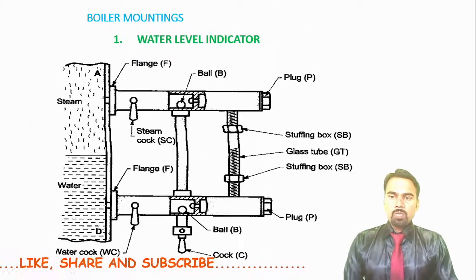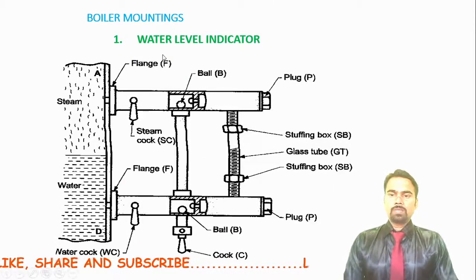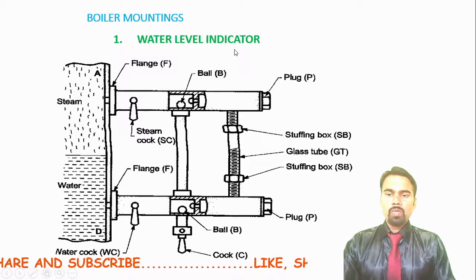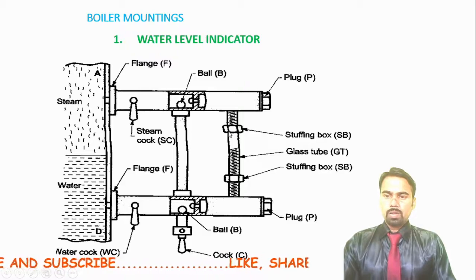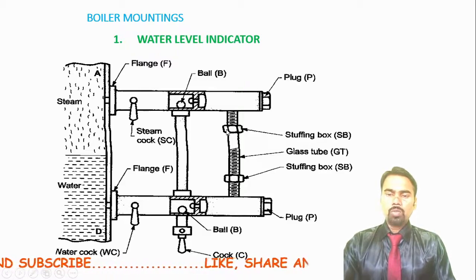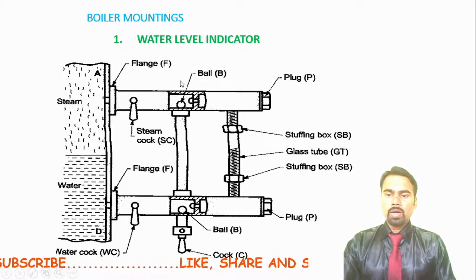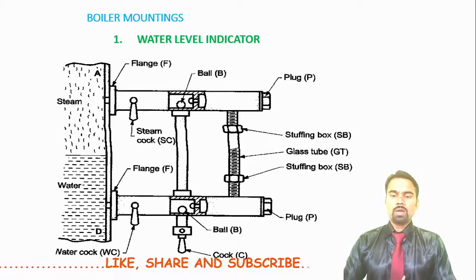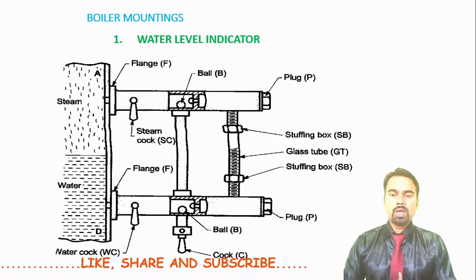so the first boiler mounting is the water level indicator. Actually there should be two water level indicators. If one water level indicator fails, the other will be in working condition.